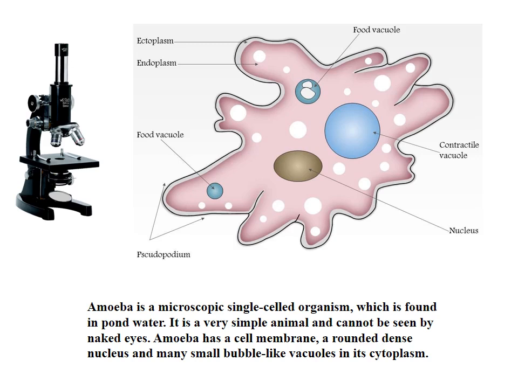There may be a question: how do microscopic animals digest their food? There are so many microscopic animals around us, and today we will discuss only a microscopic single-celled organism found in pond water, known as amoeba.